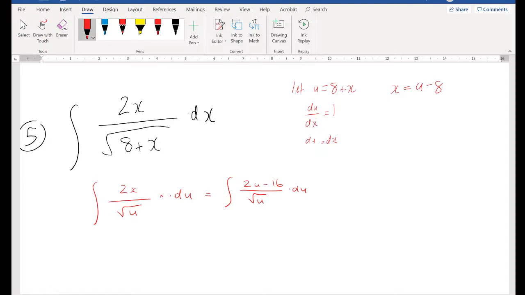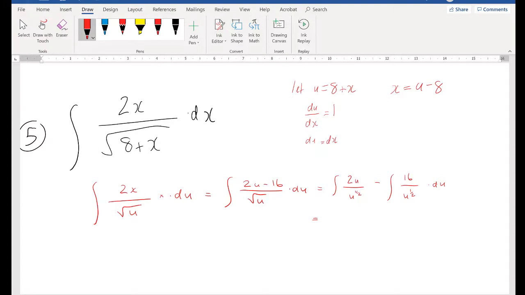Still not very nice. I've got a u on the top and a u on the bottom. Trying to integrate, that's pretty ugly. So why don't I split it up? That's the same thing as the integral of 2u over u to the power of a half minus the integral of 16 over u to the power of a half du. And this can clean up.